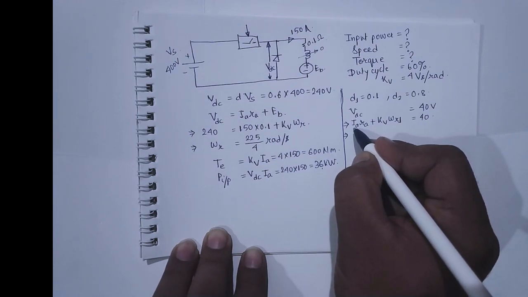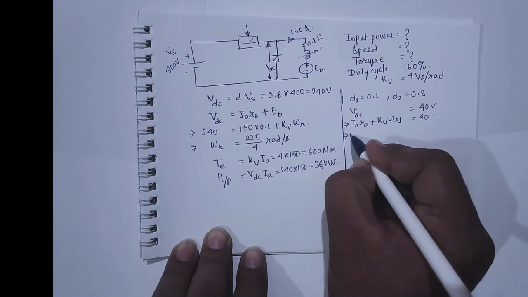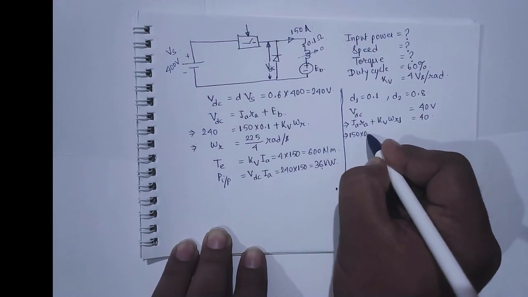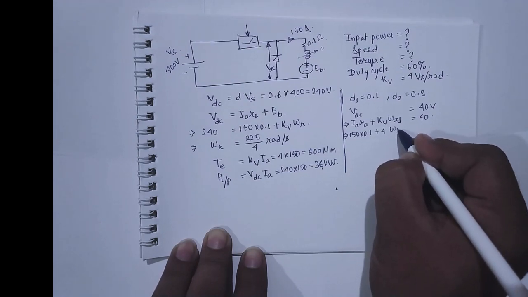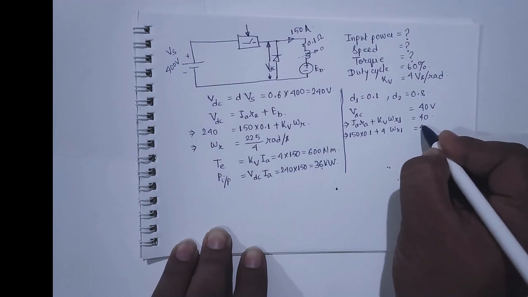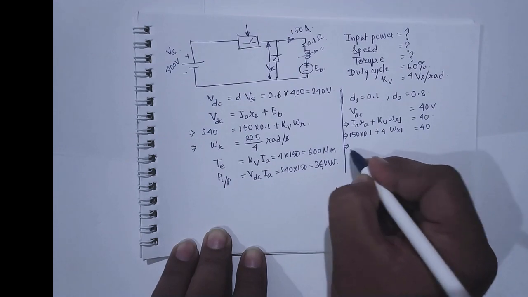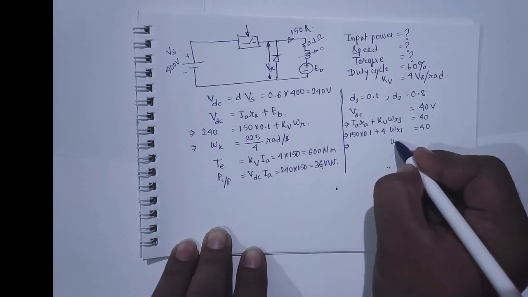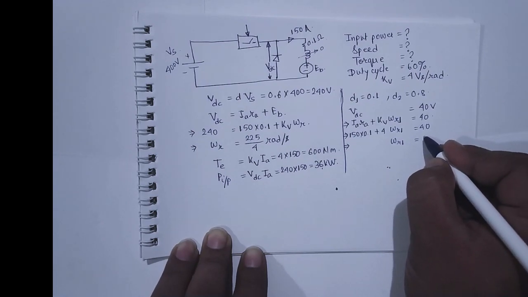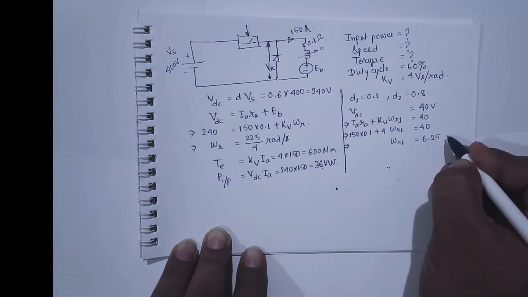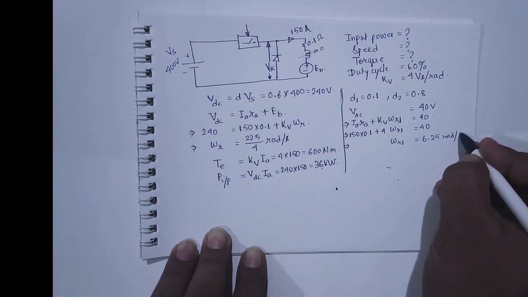So 150 into 0.1 plus 4 into omega R1 equals 40. So this will give omega R1 equals 6.25 radian per second.